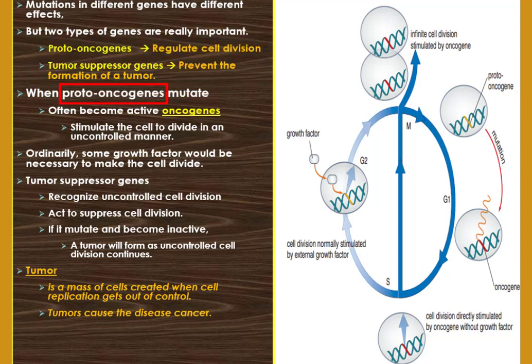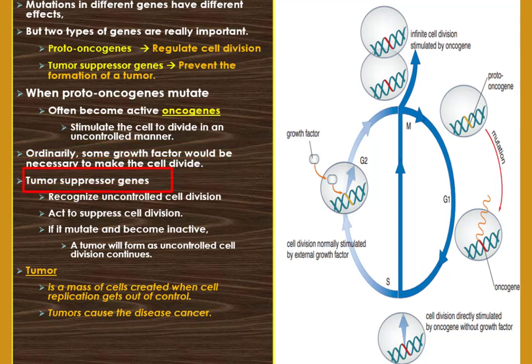When proto-oncogenes mutate, they often become active oncogenes. These oncogenes stimulate infinite cell division, or initiate cell division to become uncontrolled. Ordinarily, cell division is stimulated by external growth factors.